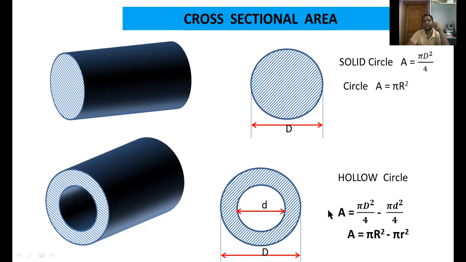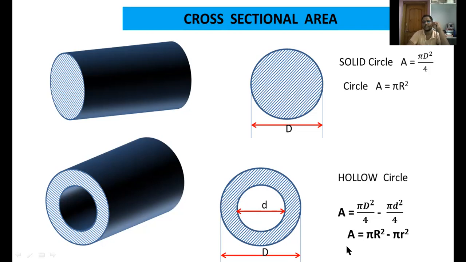So the formula for the hollow circle in terms of diameter is: first consider the bigger outside circle as a solid area, that is pi by 4 D square. Then you have to subtract the hollow circle, that is minus pi by 4 small d square, which is the area of the small circle.